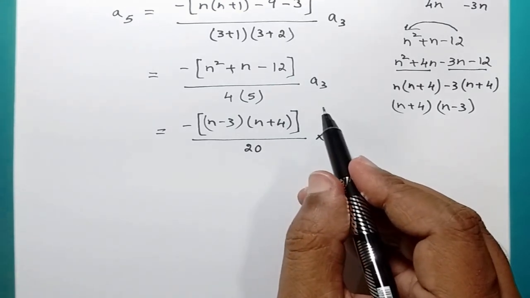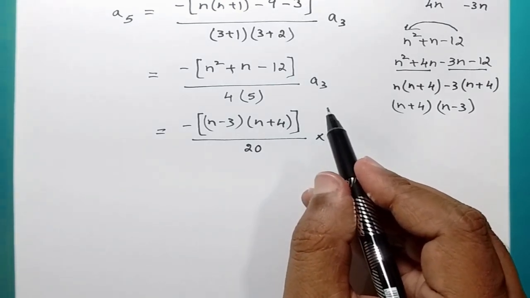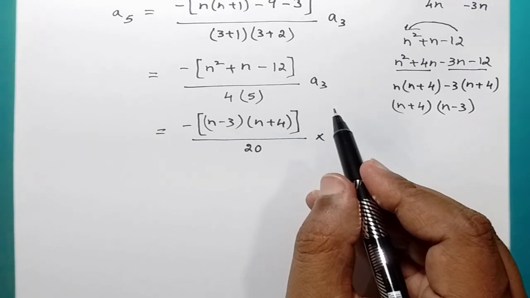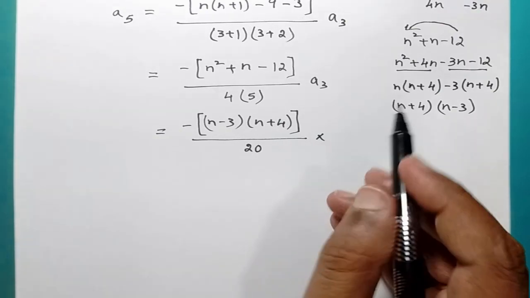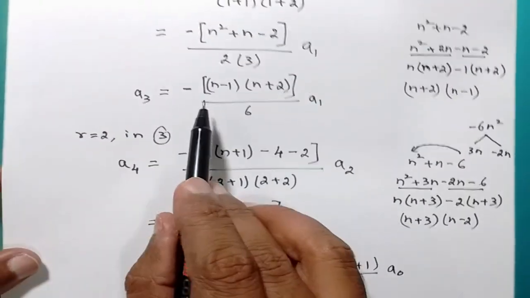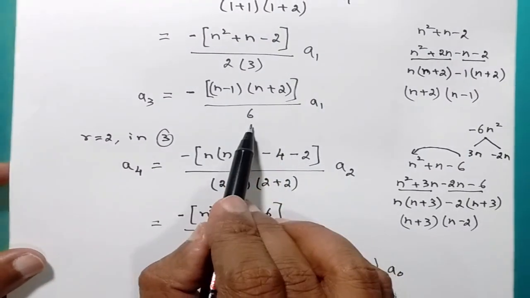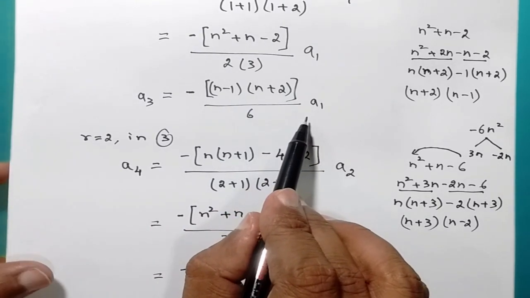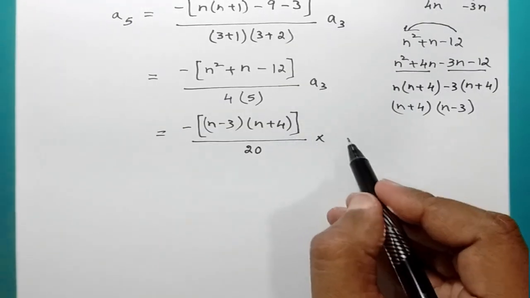a3 value we have already calculated. You can just observe what is the value of a3 you have got. So we already obtained the value of a3 over here. If you can observe, the value of a3 is minus of n minus 1, n plus 2 divided by 6 into a1. This is the value of a3. That value we will try to plug in over here.